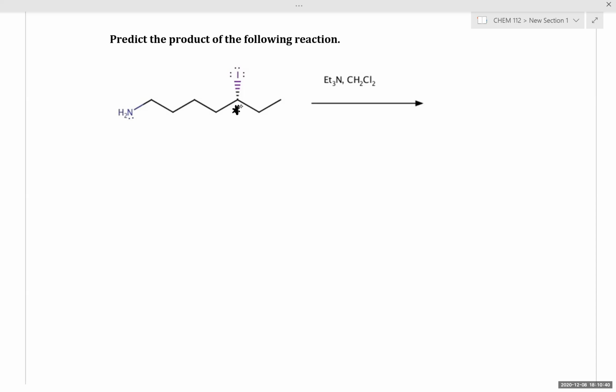You can even post your proposed mechanism in the chat as a picture, but I'd like to make sure everyone's comfortable with the general arrow pushing mechanism for the Sn2 reaction and drawing out the products with the correct stereochemistry. Remember, the Sn2 reaction occurs with inversion of stereochemistry. So would anyone like to propose a mechanism or propose a structure for the product from this reaction? Or does anyone have a question on this example?